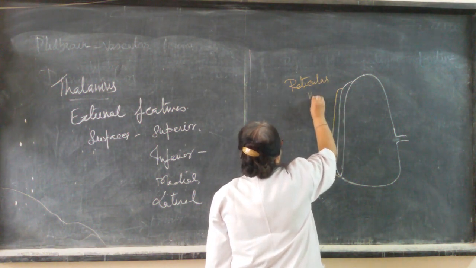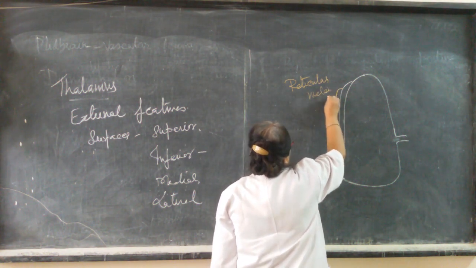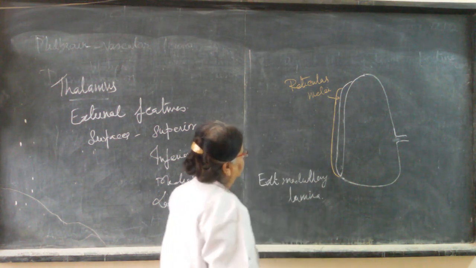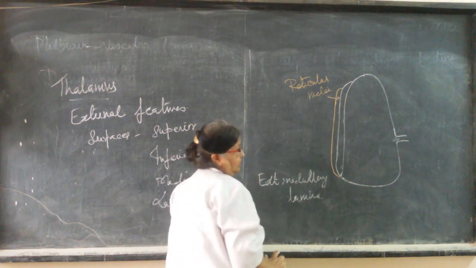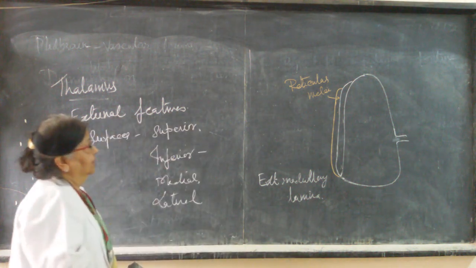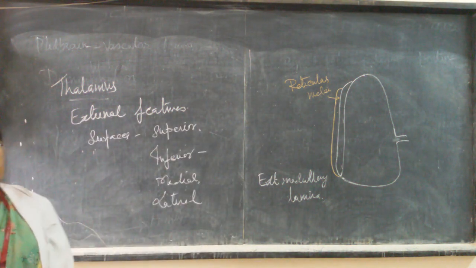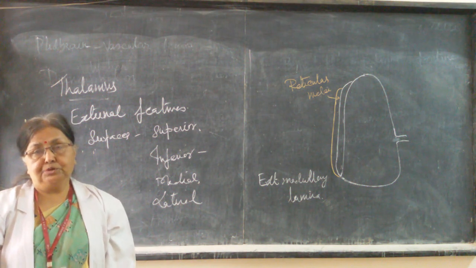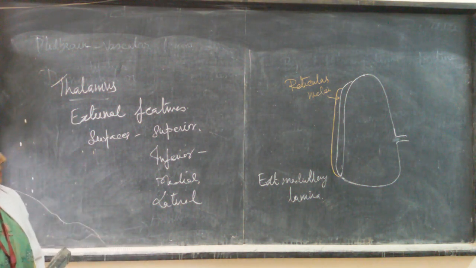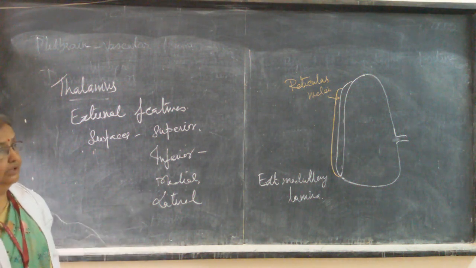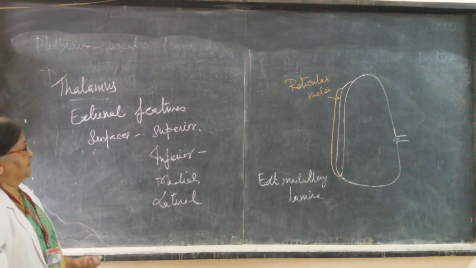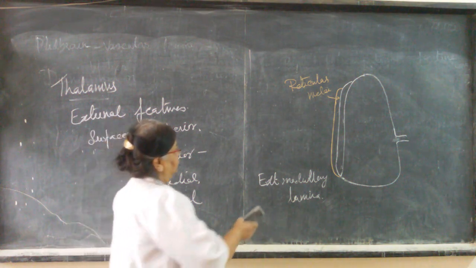Now, the reticular nuclei is related to the posterior limb of internal capsule, which separates the thalamus from the lentiform nucleus.